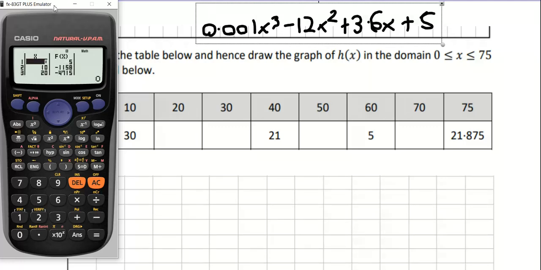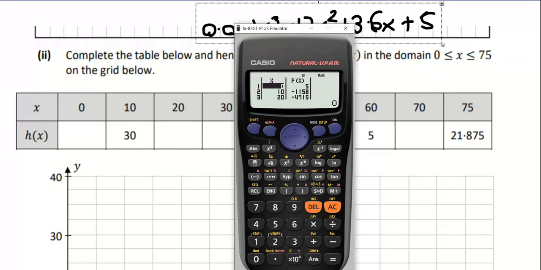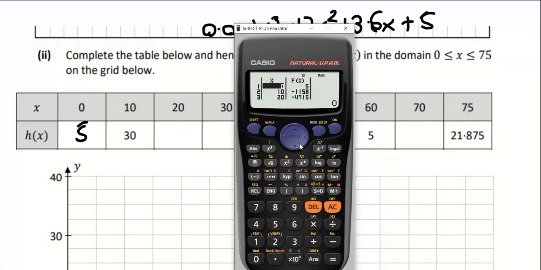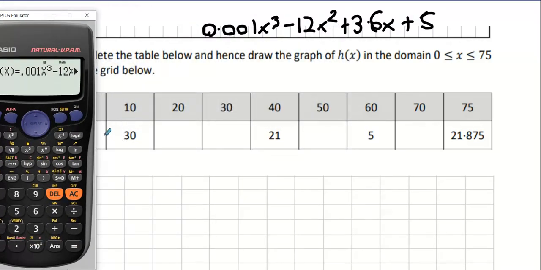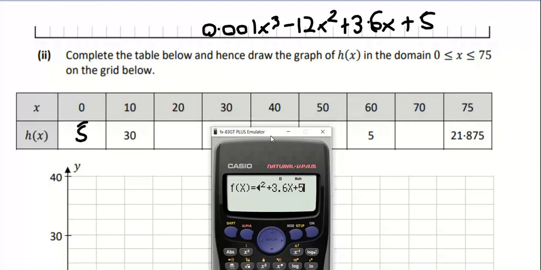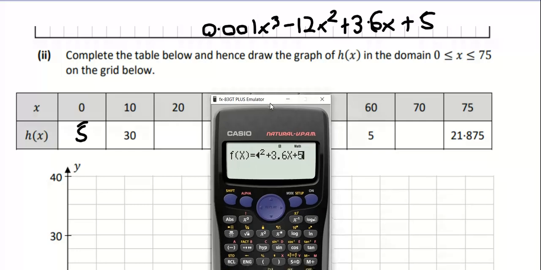Okay, so I'm going to have 0, 5. Okay, we're going to have, whoa, something went wrong here. I'm glad I have that 30 there, because something obviously went wrong. 12x squared plus 3.6x plus 5. Complete the grid below to show h(x) in the domain 0 to 75.